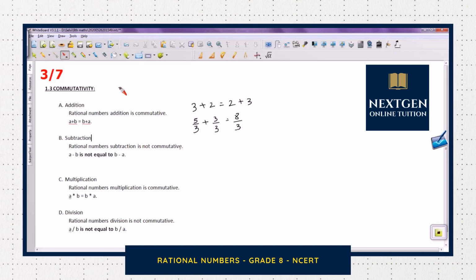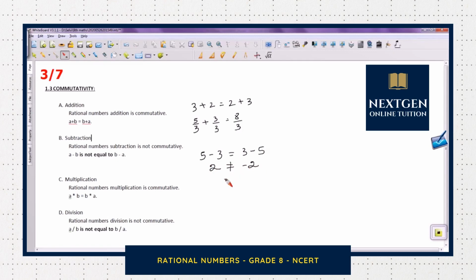In adding two rational numbers, it is satisfied. Subtraction, but a minus b is not equal to b minus a. Right. 5 minus 3, 3 minus 5. Here 2, here minus 2. So not equal.